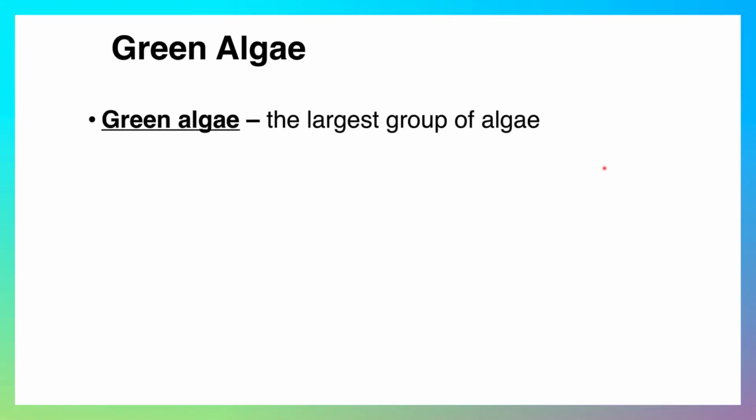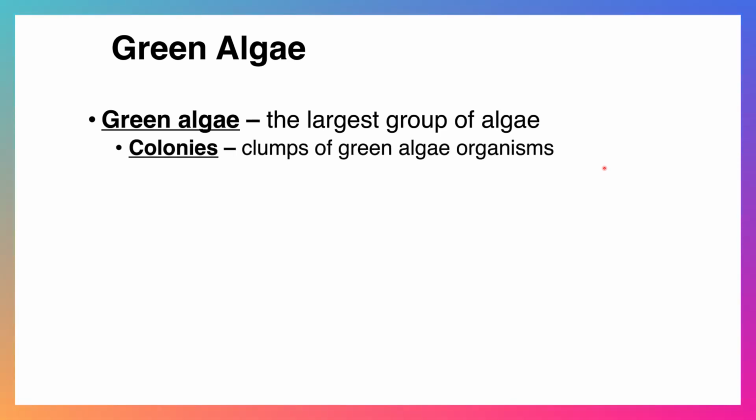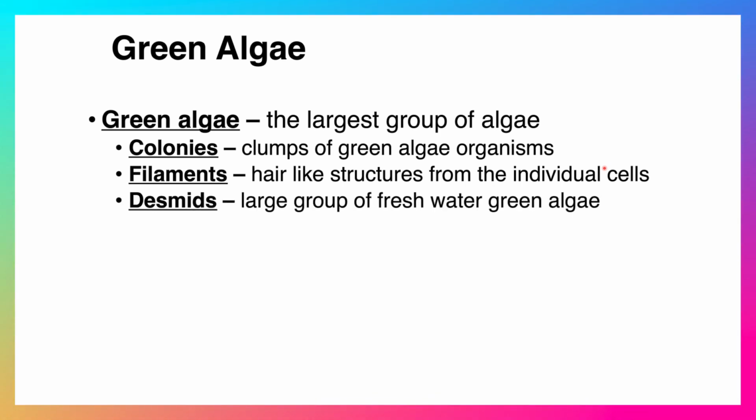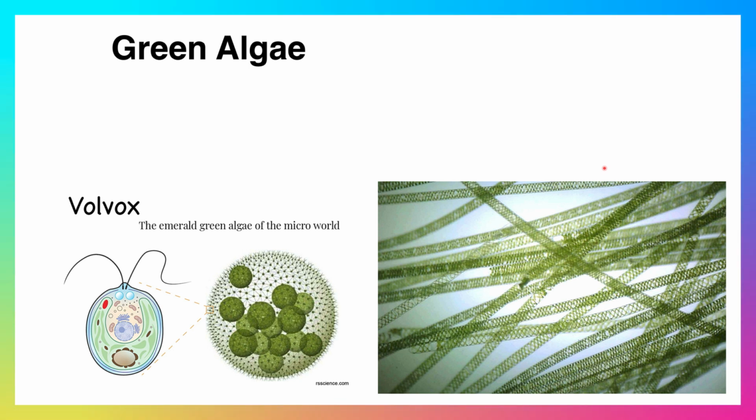The first of these is called green algae. Green algae is the largest group of algae, and it grows in colonies or clumps that are gathered together, and they have a filamentous hair-like structure that comes from the individual cells when they get together. Desmids are large groups of freshwater green algae, and here's an example of various kinds of green algae.